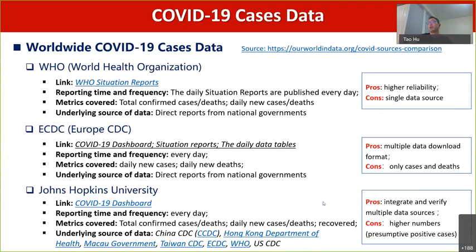They have higher numbers of cases because they may count presumptive positive cases. So what are presumptive positive cases? They are cases that are considered or confirmed by the local or state department, the government. However, they are not confirmed by the national lab. So that is why it sometimes has higher numbers than the other two data sets.